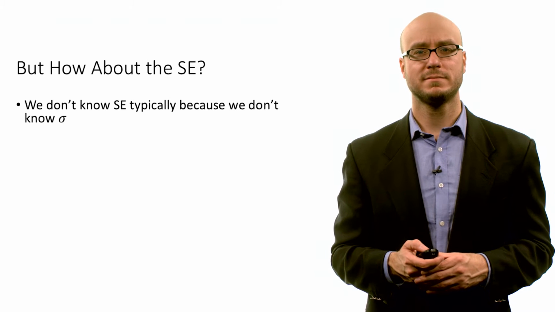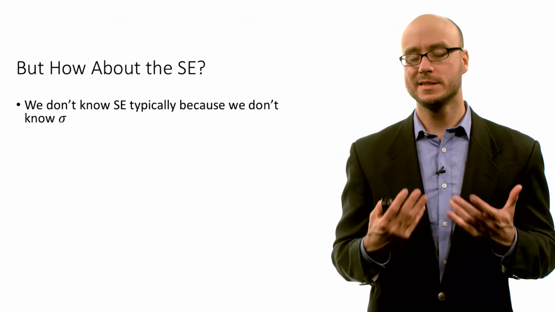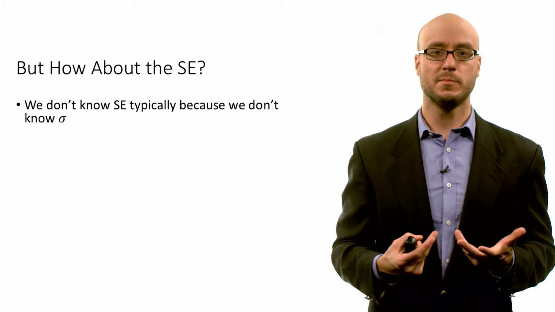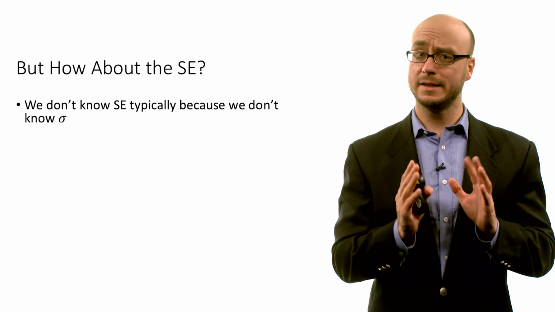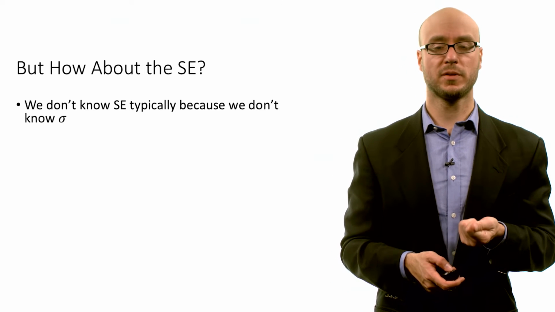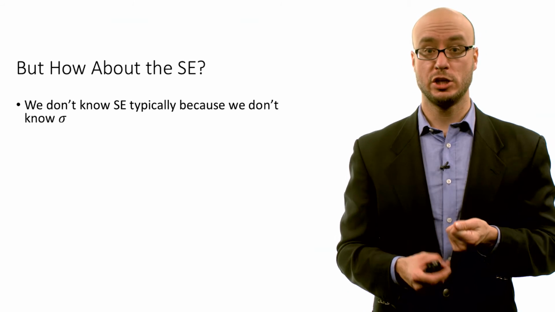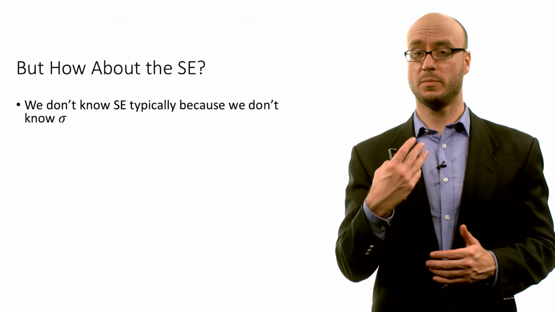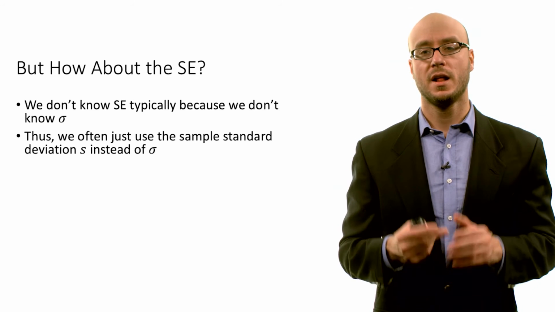We might say the standard error in this case is based on sigma divided by the square root of n. We typically don't know the population standard deviation. When you gather a single sample from a population, you just have the sample standard deviation.